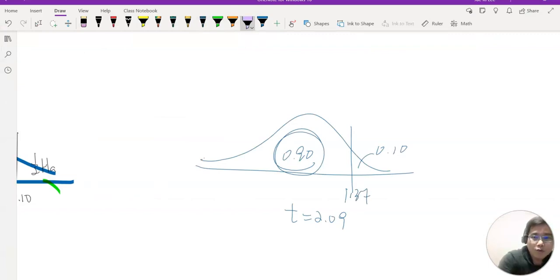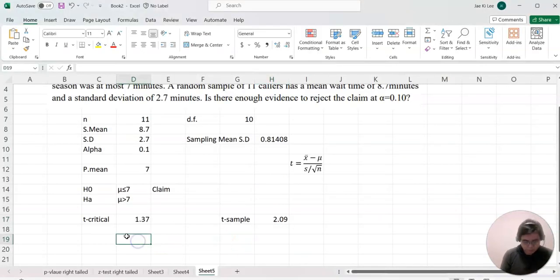Where does this value belong, here or here? Obviously it belongs to the HA area, right? So since the sample t belongs to HA, we can reject H0.